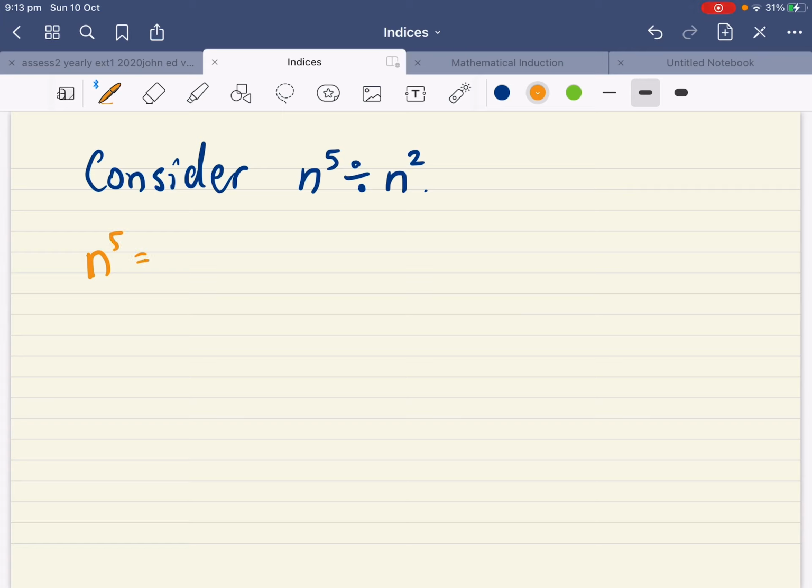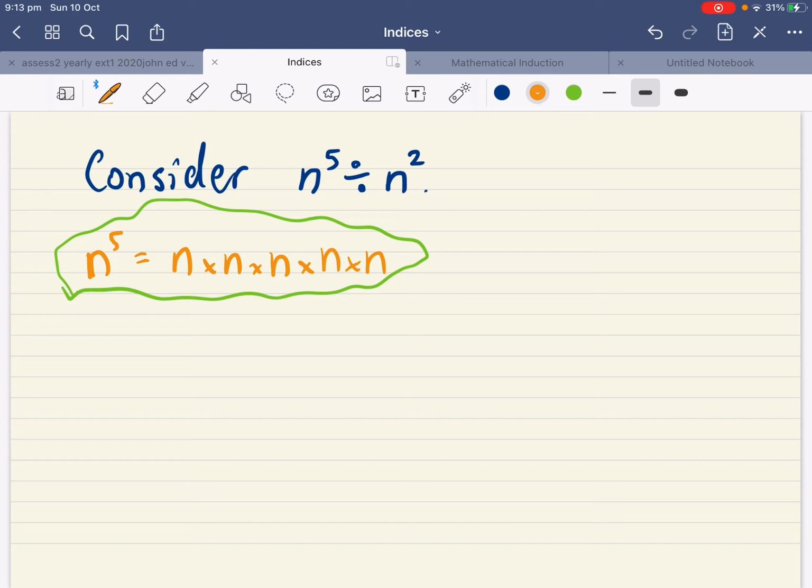If you remember from lesson number 2, when we did expanding, n to the power of 5 means n times n times n times n times n. That is what n to the power of 5 is equal to. What is n squared? Well, n squared would just be n times n. There's 2 of them because it had a power of 2.